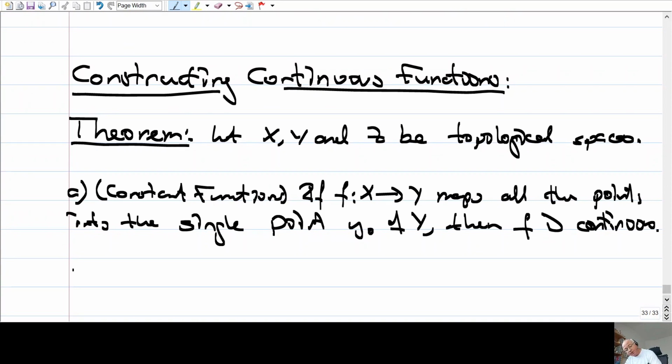So constant functions are continuous, and then we have inclusions.